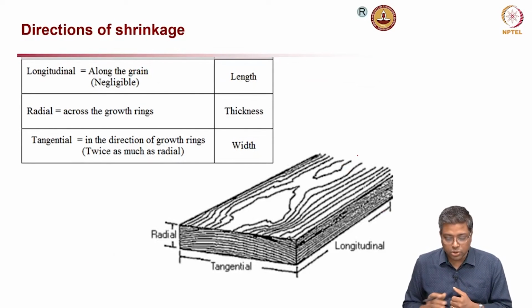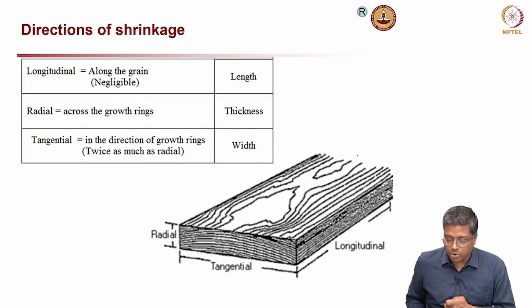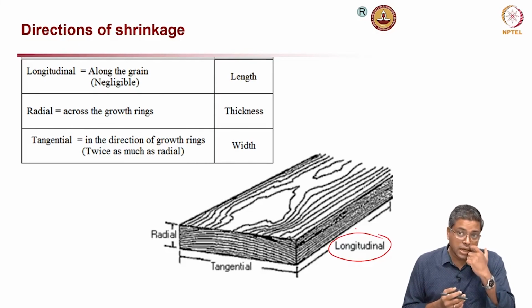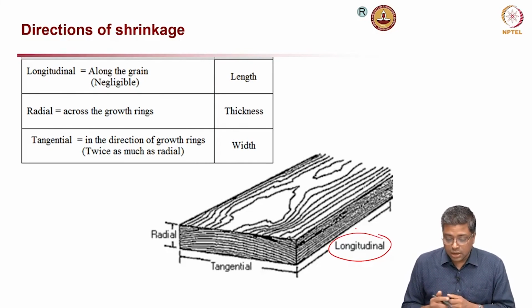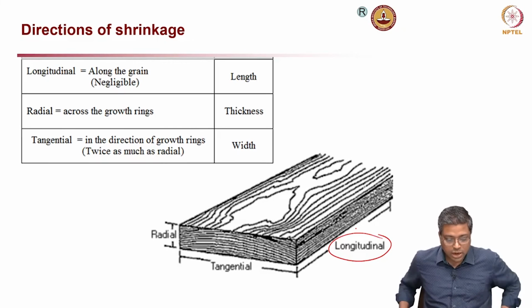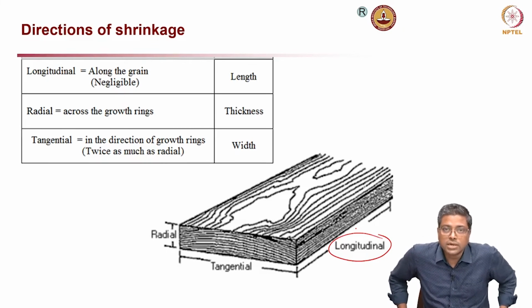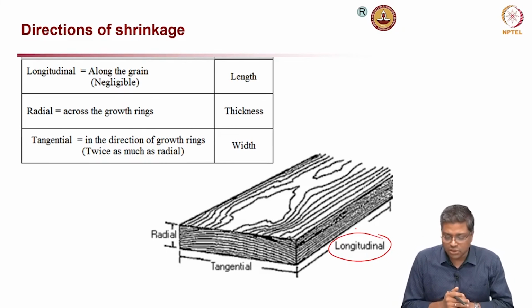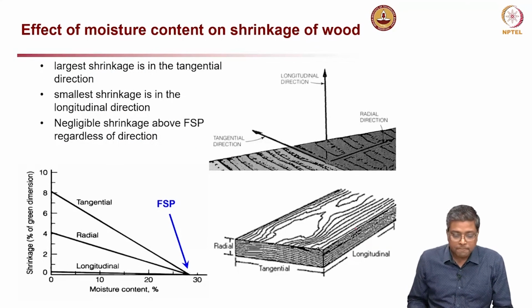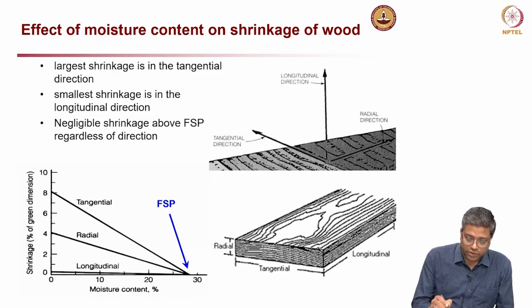And now I am going to show you this once more. This sketch is just to tell you about the direction of shrinkage. In the longitudinal direction, we have already discussed this, it is negligible, and in the tangential and radial directions, there is generally a twofold difference. Now, this is what we were just talking about, what is FSP.